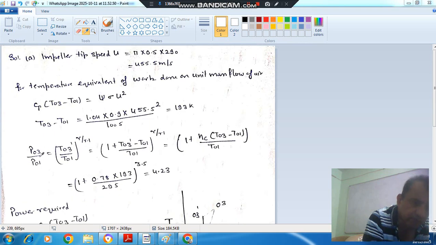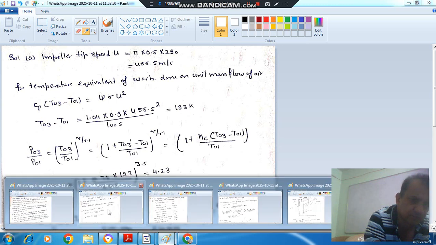In the first part we calculated the pressure ratio like that: P03 by P01 is equal to 1 plus efficiency into T03 minus T01 by T01, raised to the power 3.5. Here T03 is the same as T02, and efficiency here is 0.89.